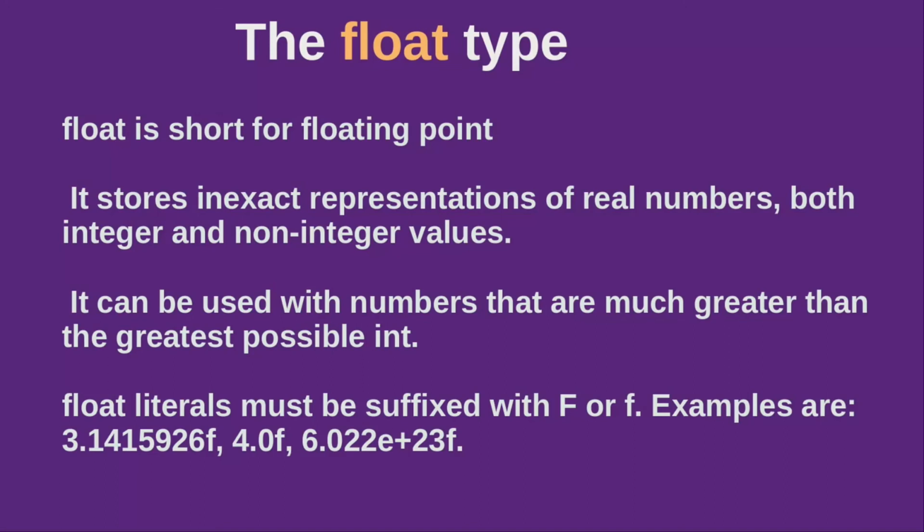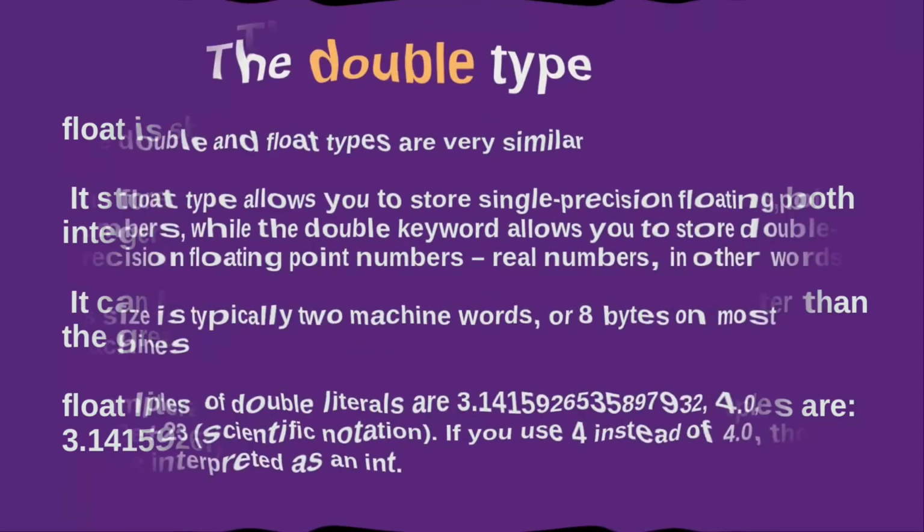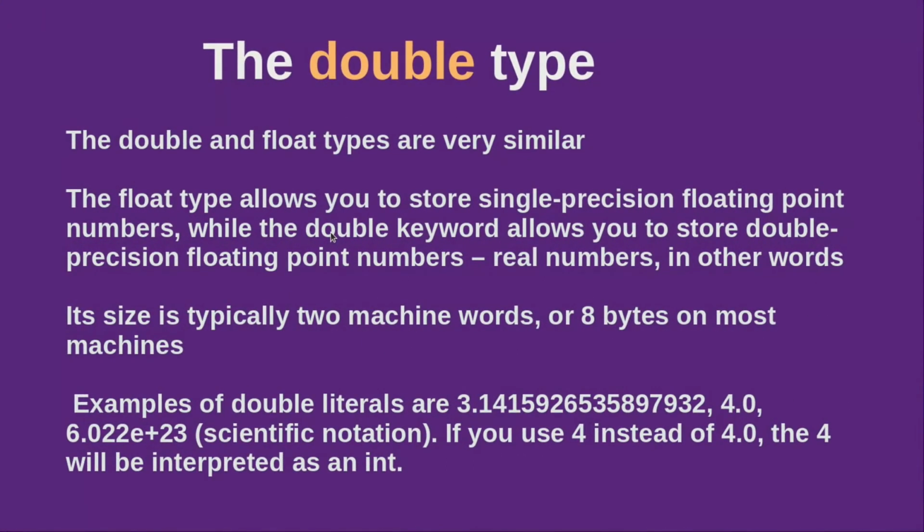So the float variable can be declared using the float keyword. A float is only one machine word in size, therefore it is used when less precision than a double is required. The fourth data type is the double type. The double and float types are very similar.